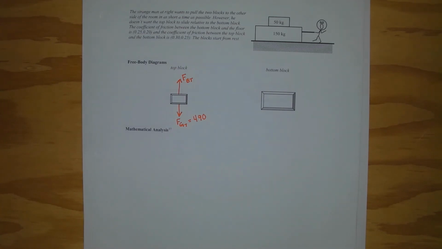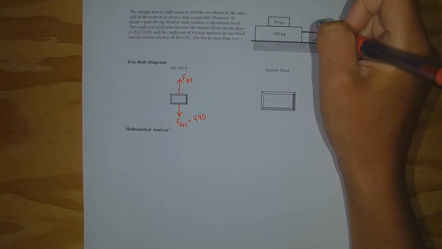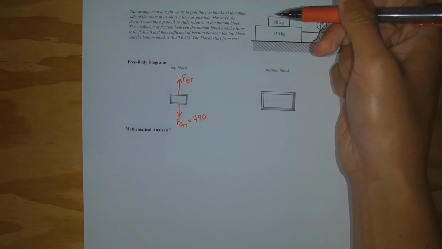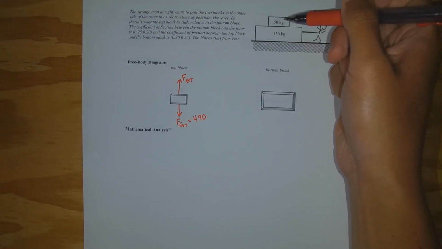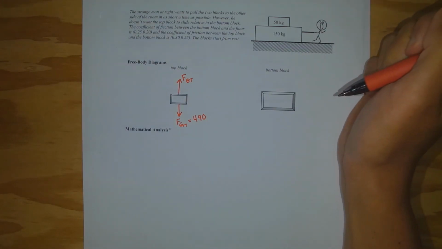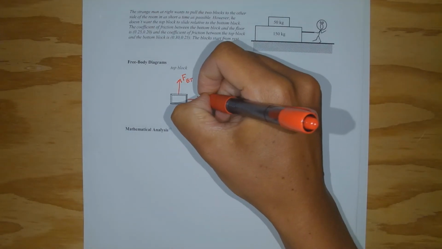The bottom block touches the top block. If there was no friction, the bottom block would move out from underneath, and relative to the bottom block, the 50 kilogram block would be moving this way. So it'd be sliding on the bottom block, and the relative motion would be this way. Because it doesn't move relative to the bottom block, there must be a force going this way.